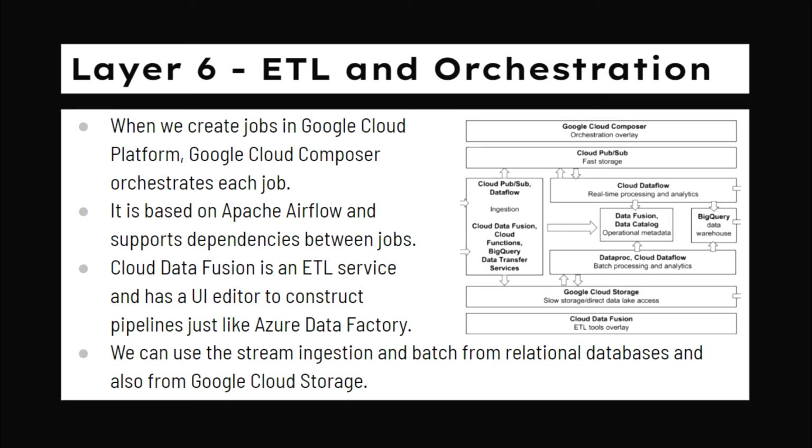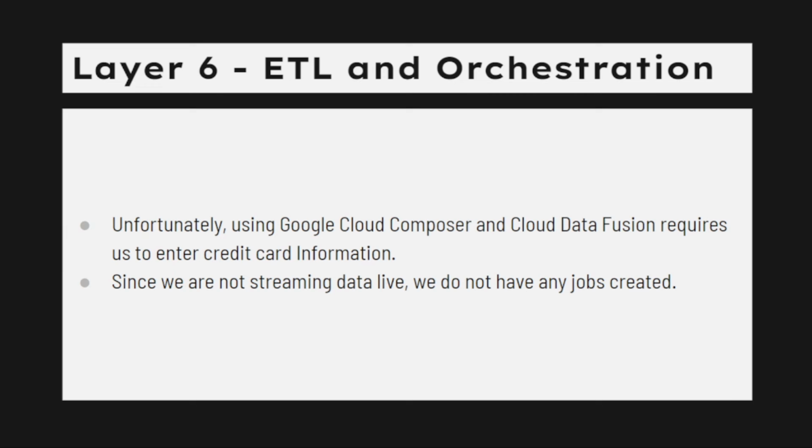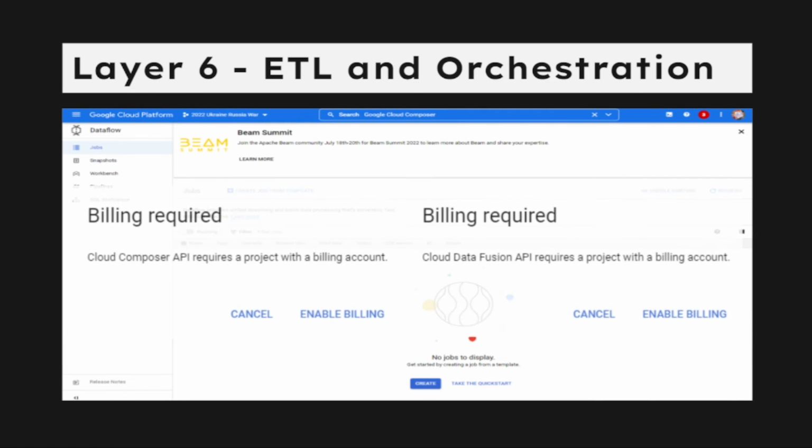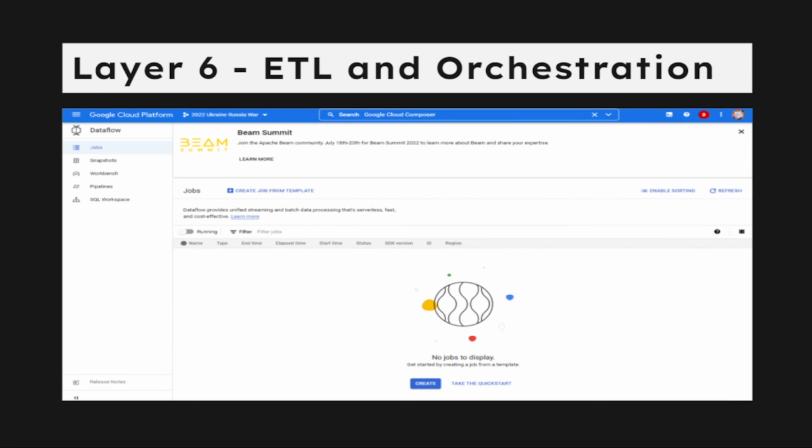We can use stream ingestion and batch from a relational database, and it can also help in the form of Google Cloud Storage. So unfortunately, using Google Cloud would not work as Google Cloud Composer and Cloud Data Fusion require us to enter credit card credentials. Since we are not streaming live data, we do not have jobs created.